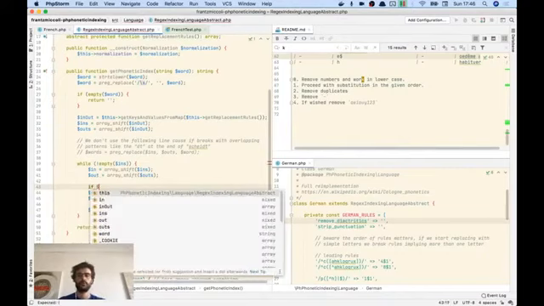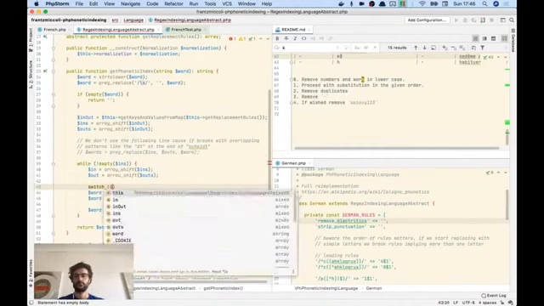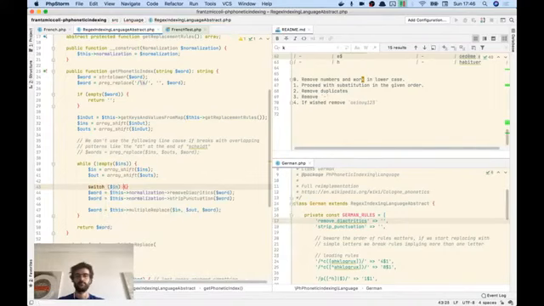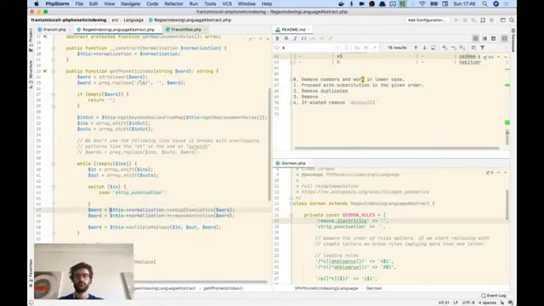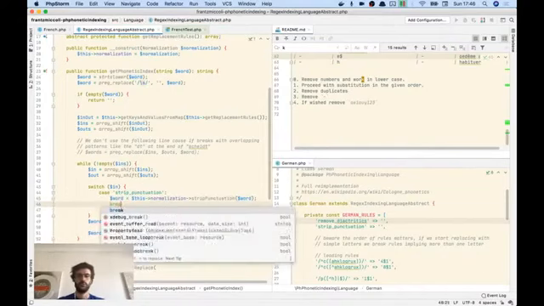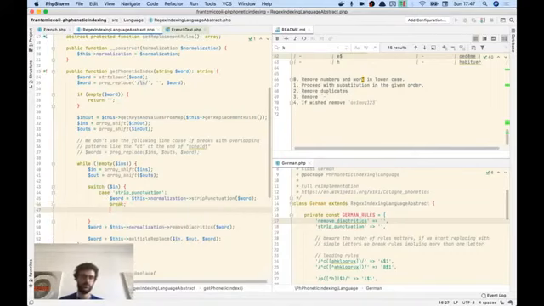So if in equals, like switch in, case strip punctuation, then you just strip punctuation and you continue, or you break. I don't know what makes most sense here. Break's fine. It will be less ambiguous.